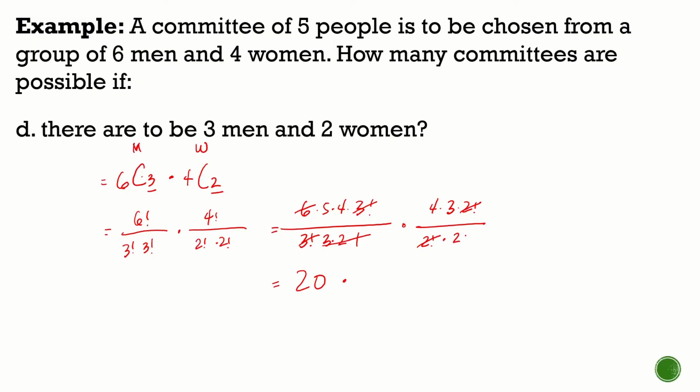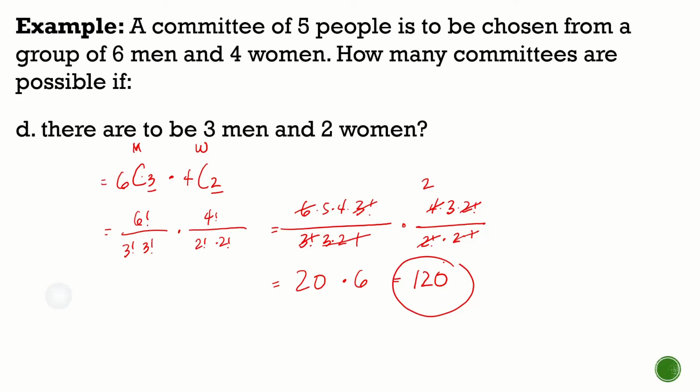The other 2 factorial is 2 times 1. So 2 times 1 is 2, 4 divided by 2 is 2, so 2 times 3 is equal to 6. And this is equivalent to 120 possible combinations.